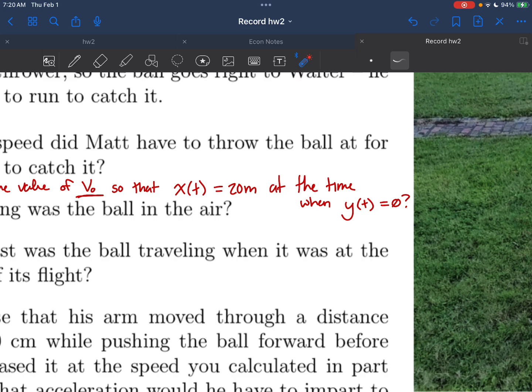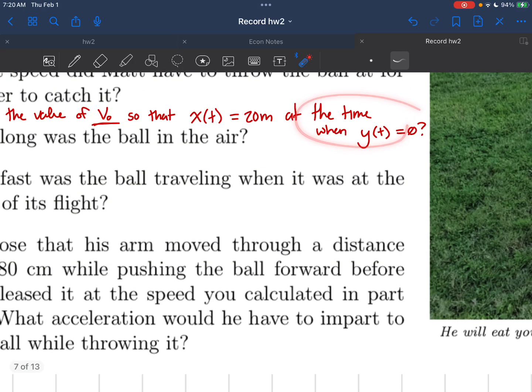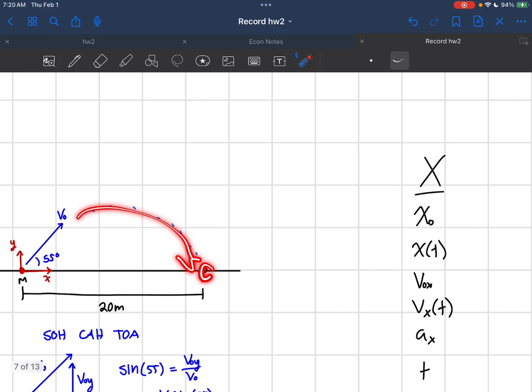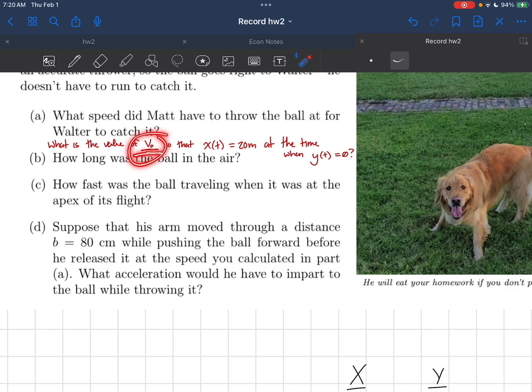So this says that at the time when y of t is 0, so when it's going to hit the ground, I want x of t to be 20 meters, so it's landing right where Walter is. And I need to figure out what initial velocity causes that to happen.